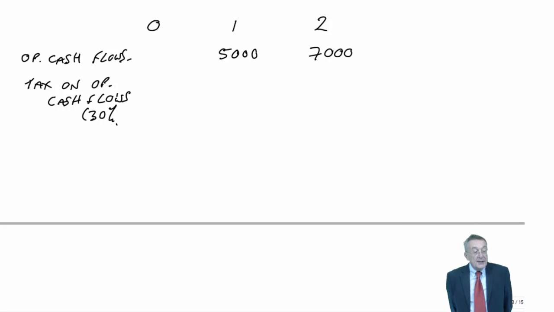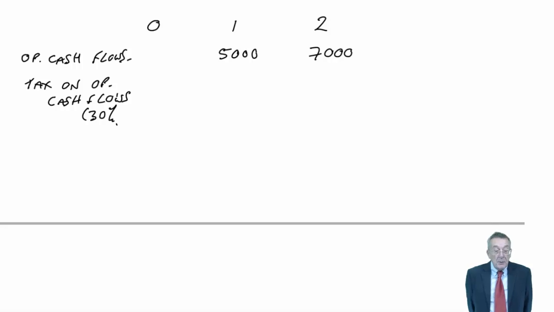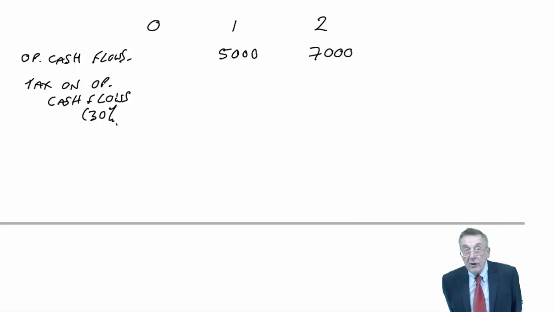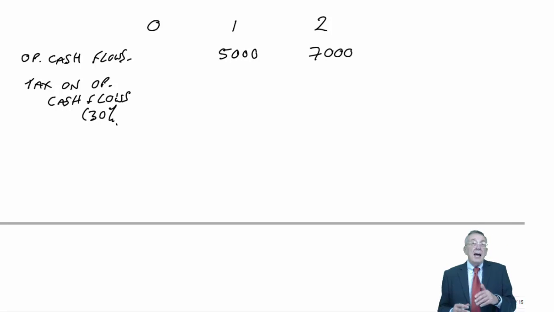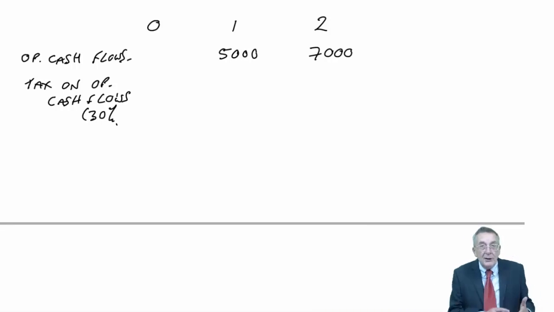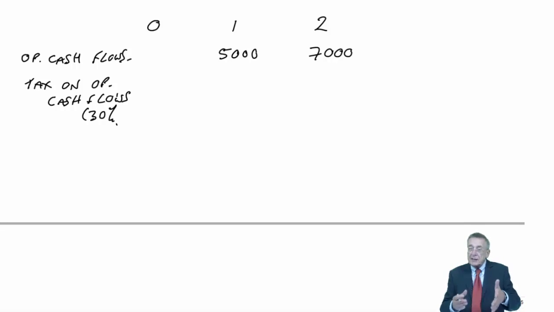Here on the same line, it says tax is 30%. It's payable 1 year in arrears. Now, this always in exams say one of two things. They either say it's payable immediately, or there's a 1 year delay. Now, the tax itself, 30% of 5,000 is 1,500.